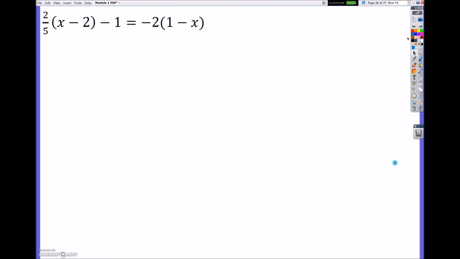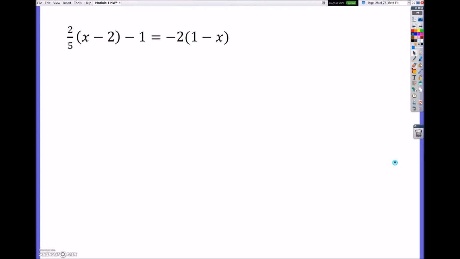All right, so let's go ahead and look at this one. Same as the previous ones, is it easier to keep this fraction and distribute, or would it be easier to do a fraction buster? For me, I like clearing the fraction, so I'm going to multiply each and every term by 5. Remember, terms are separated by plus and minus signs.